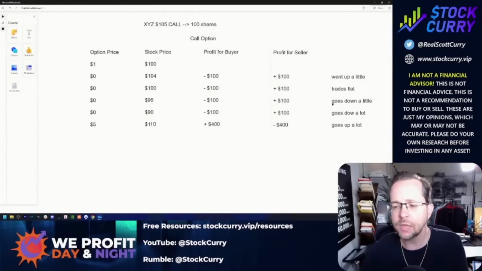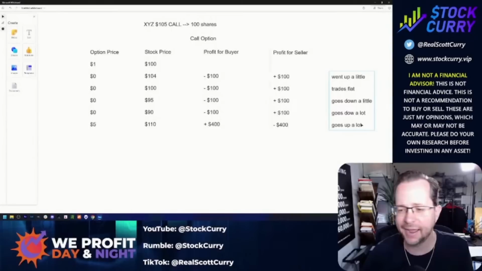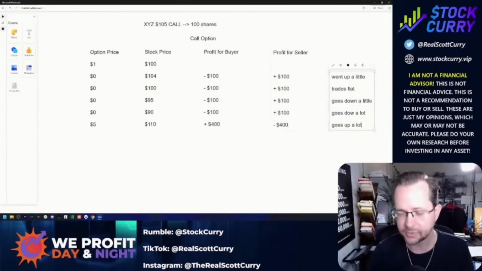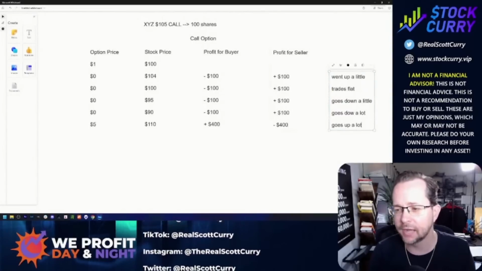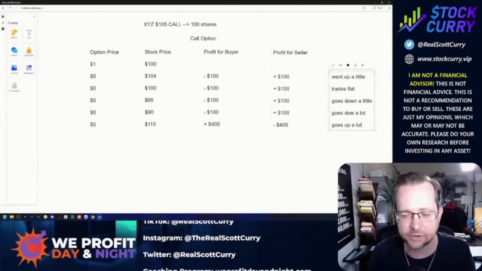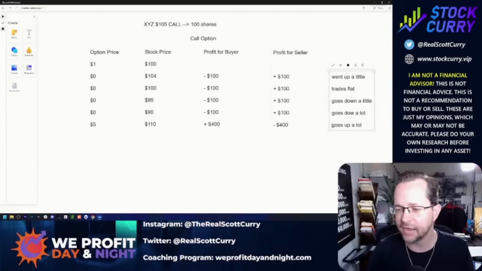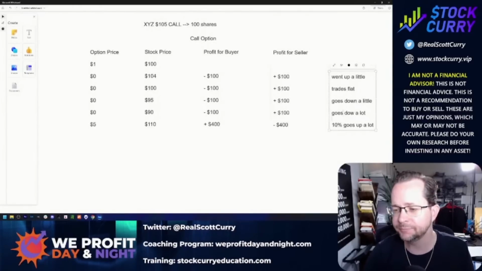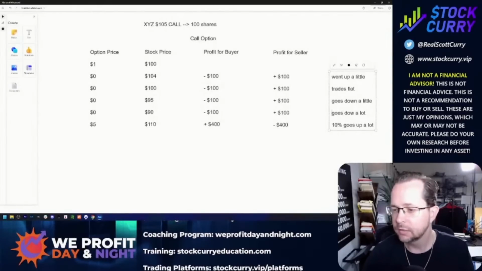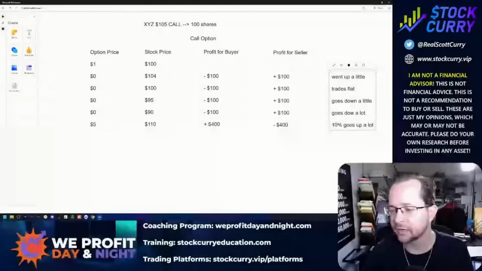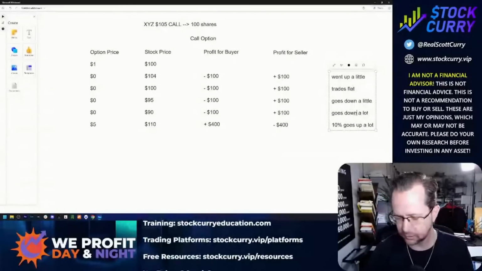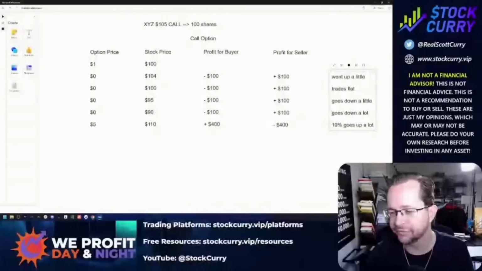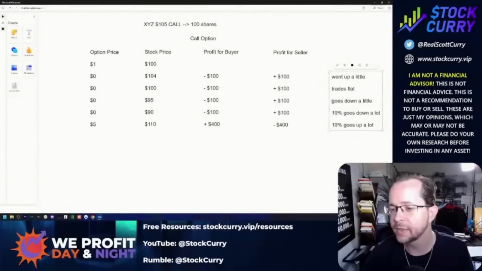Now, we talked a minute ago about how often this actually occurs. How often does a stock go up a lot? Well, this actually occurs about 10% of the time. The stock going down a lot also occurs a little bit less than that, but we'll just call it 10%.